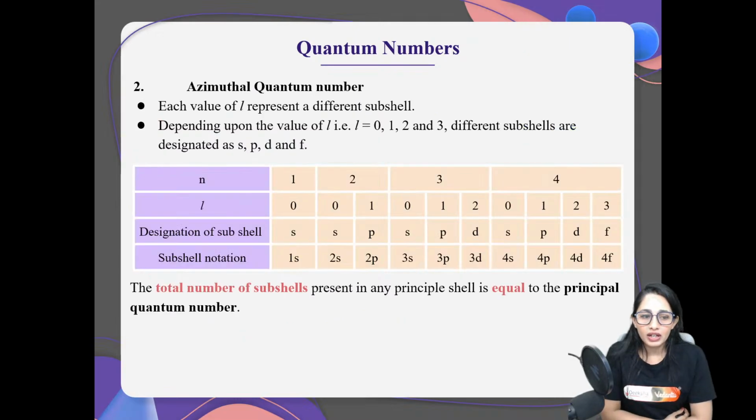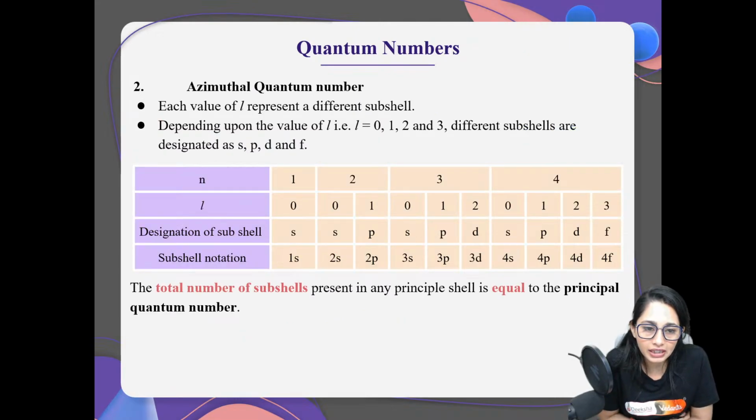Moving on, azimuthal quantum number. Each value of l represents a different subshell. In shells we have subshells, guys. While we were discussing in the 9th standard, the teachers must have told you about the subshells.